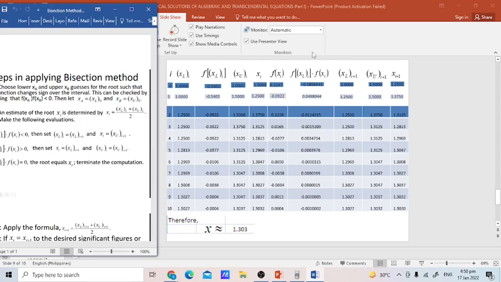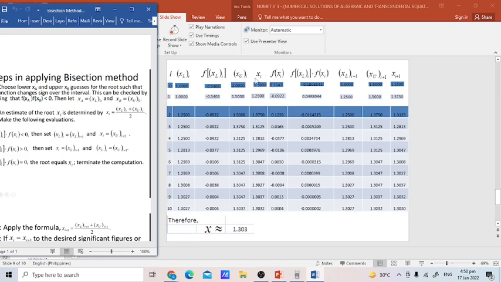Okay, let's answer this. At i equals 0, this is the estimated value 1. This is the value 1 that we had obtained. And then we have 2. So we will solve for x sub i. That is 1 plus 2 over 2. We get 1.5.